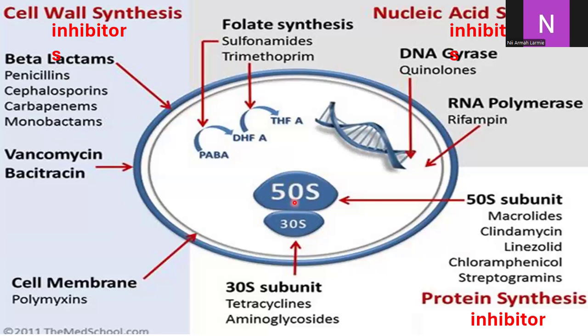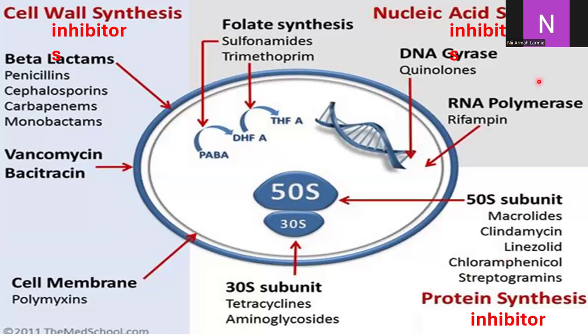Sometimes we have antibiotics that interfere with the 50S activity and hence lead to faulty protein synthesis, or interfere with the 30S ribosome subunit and thus interfere with protein synthesis. There are two main antibiotics that work on the 30S, tetracyclines and aminoglycosides. And for those that work on 50S, macrolides, lincosamides, chloramphenicol, those are the ones we will focus on.